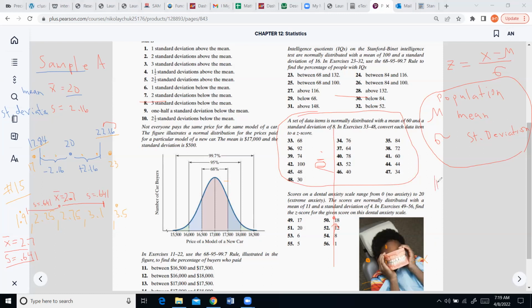So if I'm looking at exercise number 33, that talks about a mean of 60, our population has a mean of 60, with a standard deviation equal to 8. So that's a standard deviation, sigma equal to 8. But you say, Alex, is that a 6 or is that a sigma? No, that's a sigma. That's a special Greek letter sigma, just like the letter mu.